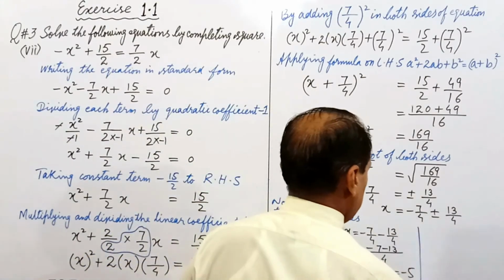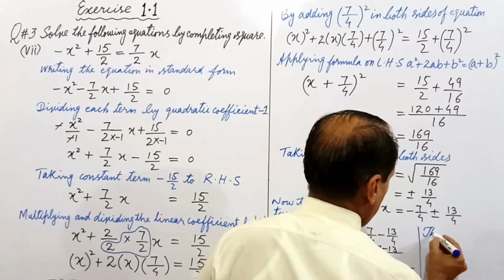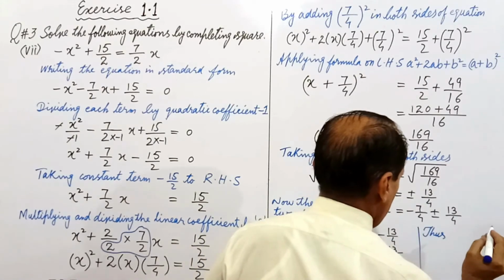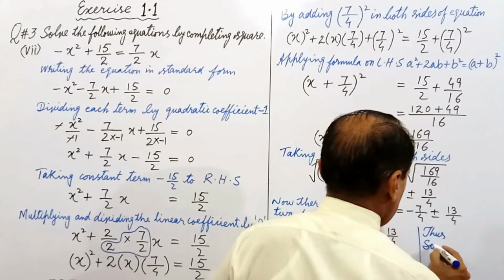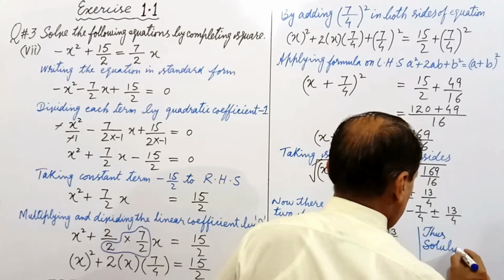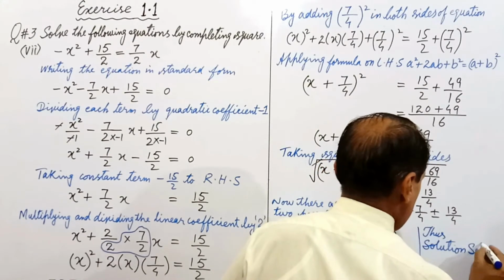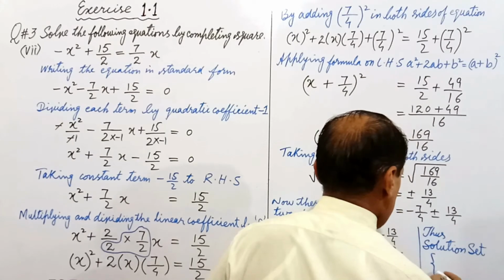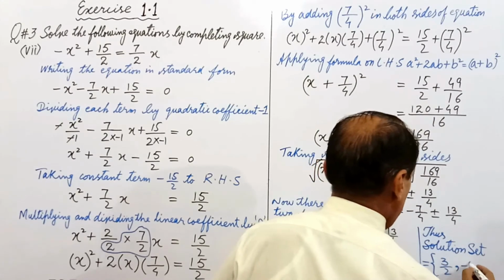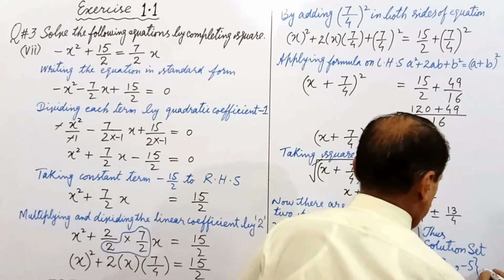Thus, solution set will be 3 over 2 and minus 5.